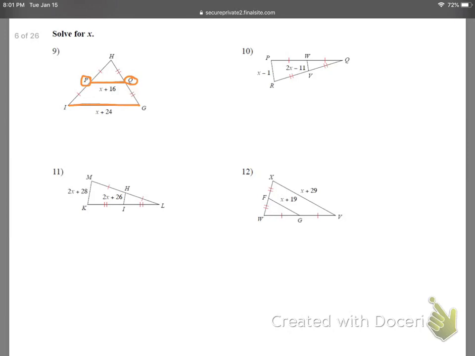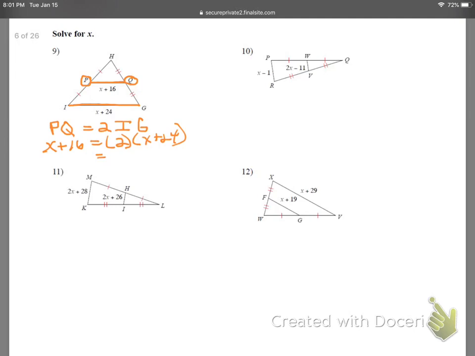So what I know is that PQ equals 2 times IG. Okay, so if PQ equals X plus 16, then that must be 2 times X plus 24.